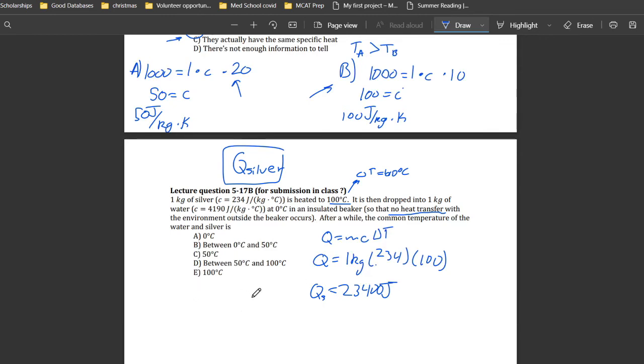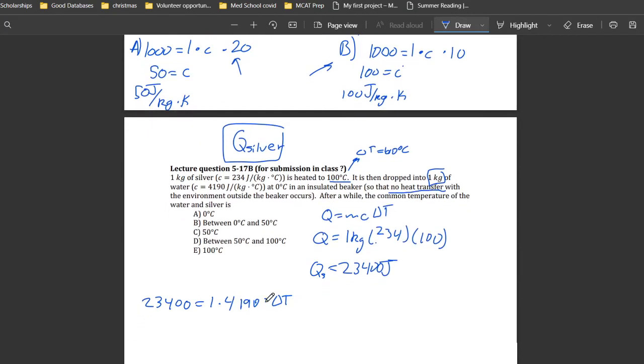So we can say that the energy added to the water is equal to the energy of that silver. So we can say that 23,400 is equal to 1 kilogram of water times that specific heat of 4,190, times some delta T that we don't know yet, because that's what we're solving for. It's asking us what that common temperature would be, what that delta T of the water would be given this additional energy added to the system.